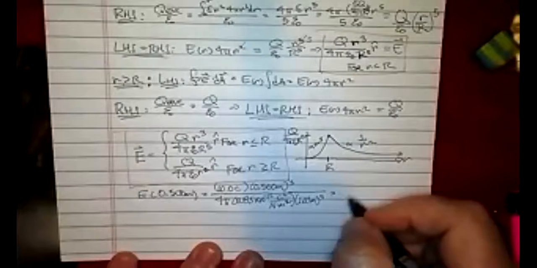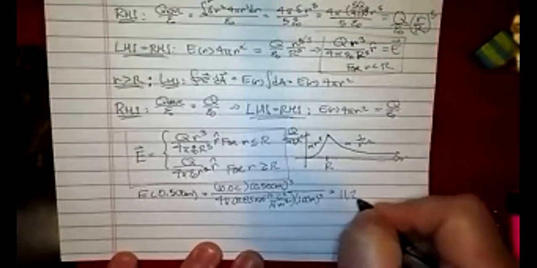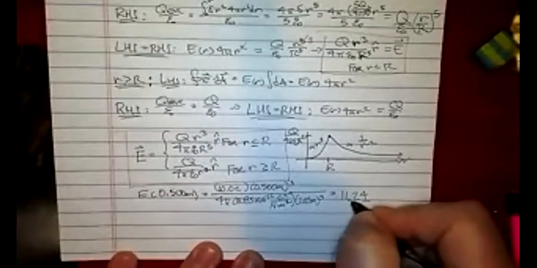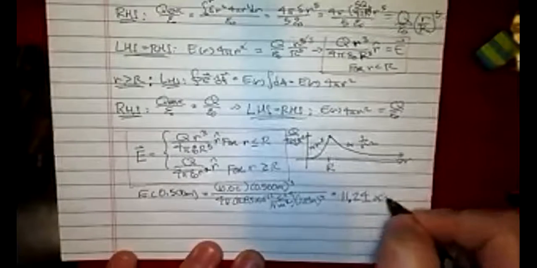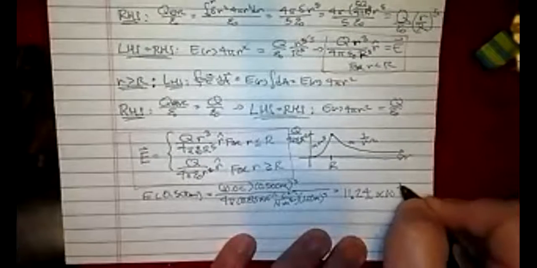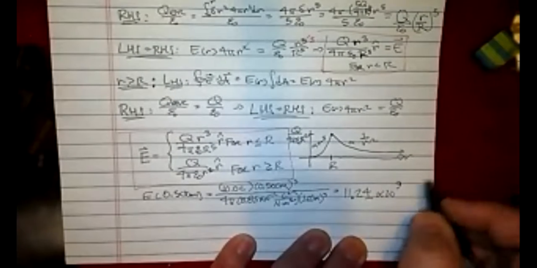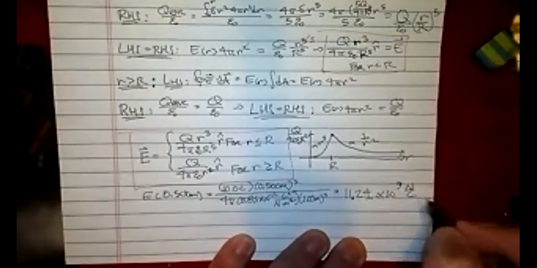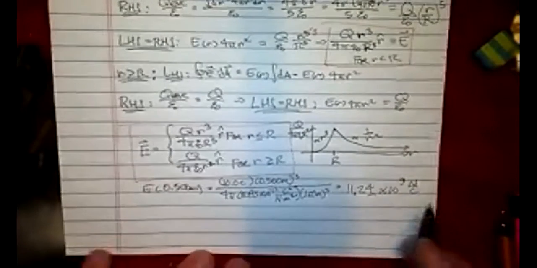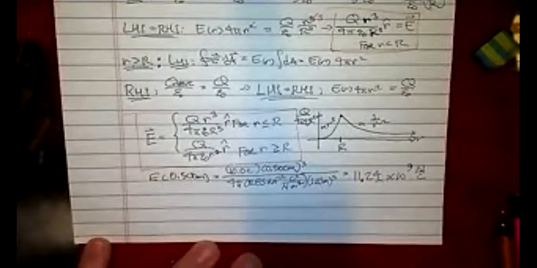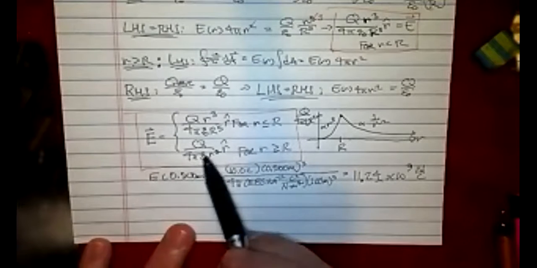With my calculator, I computed that to be 11.24, carrying one extra digit. We should only have 3 sig figs here, times 10 to the ninth. So this is literally 11.24 billion newtons per coulomb, which, as I said, was the same thing as volts per meter. When you do the 1.50 meters, you're now outside.